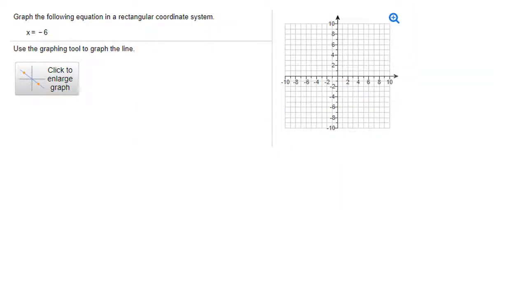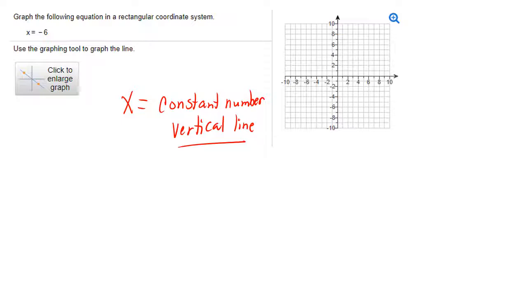The next question has simply x equals -6. Anytime you have x equals a constant number, there is no y term given. This will always be a vertical line. What you will do is go on the x-axis and you will plot the number given.